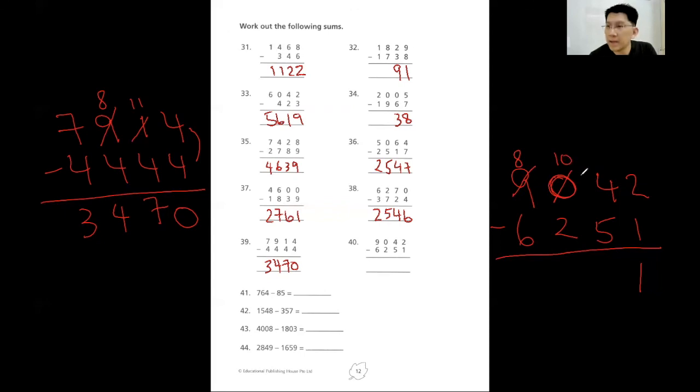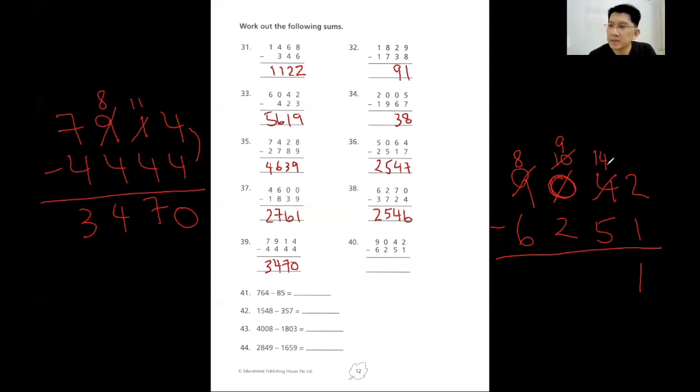Now, I can borrow 1 from 10, leaving only 9 here. And now 4 gets 10. 4 plus 10 is 14.